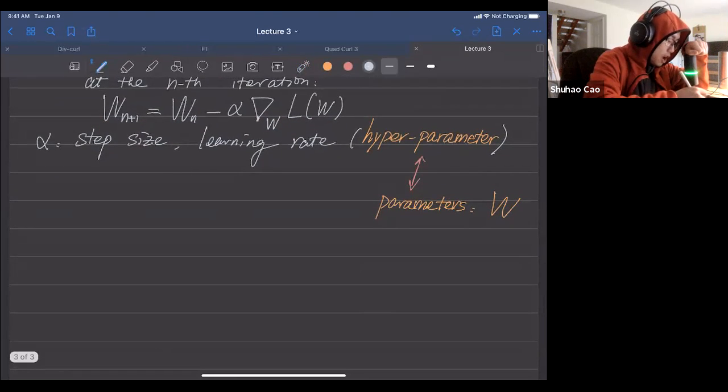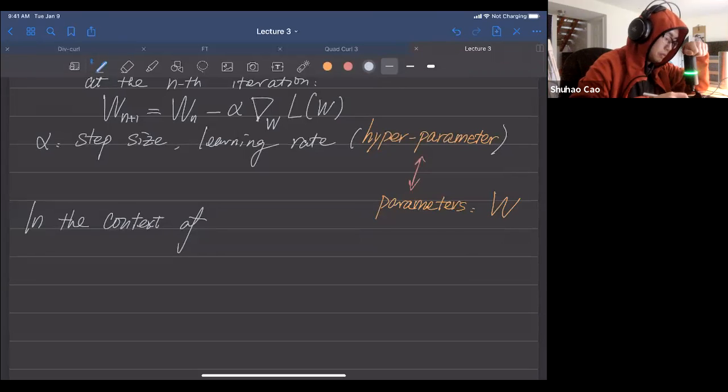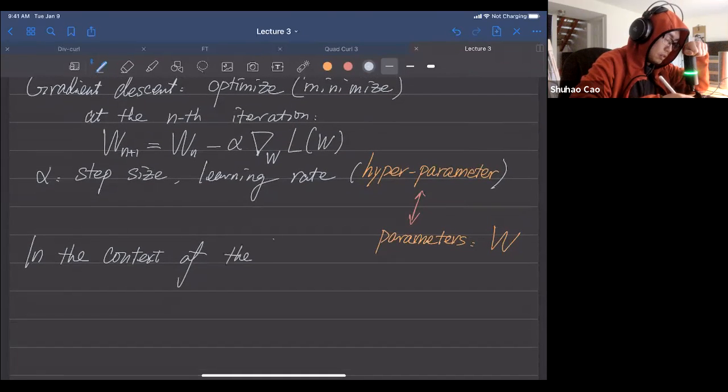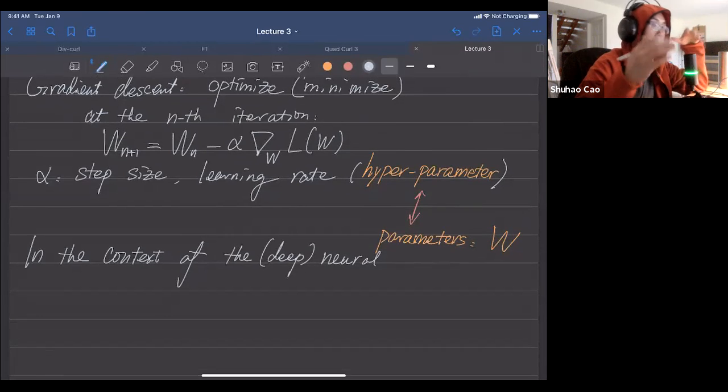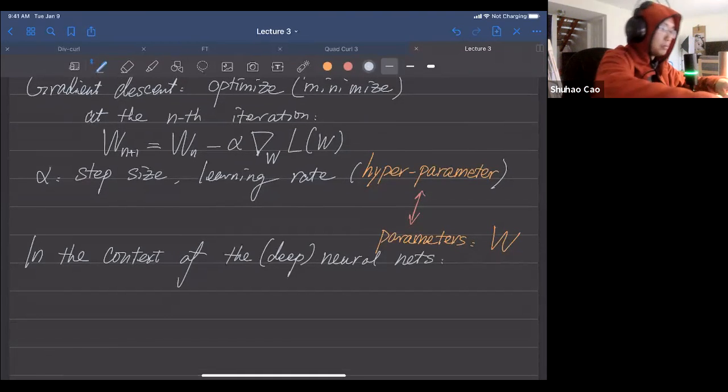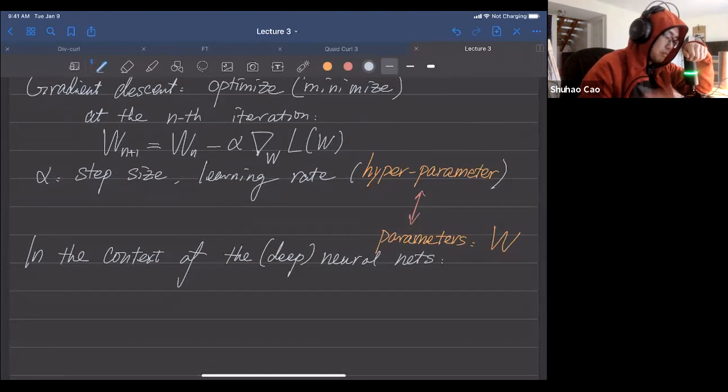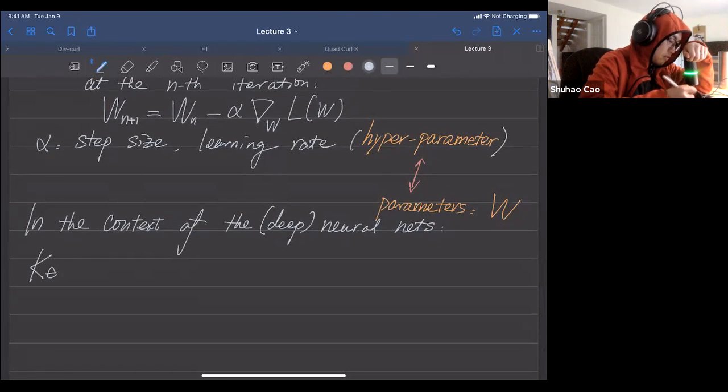And in the context of the neural network, whether it's deep or not, deep just means it has many layers, the key is how to find this derivative.